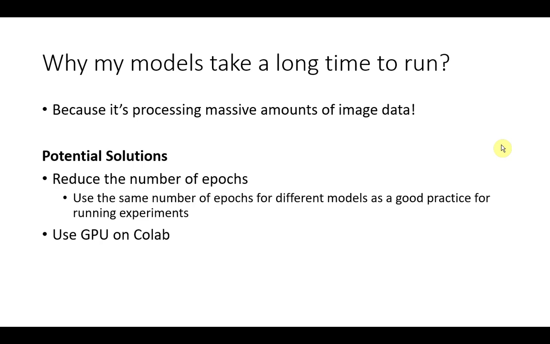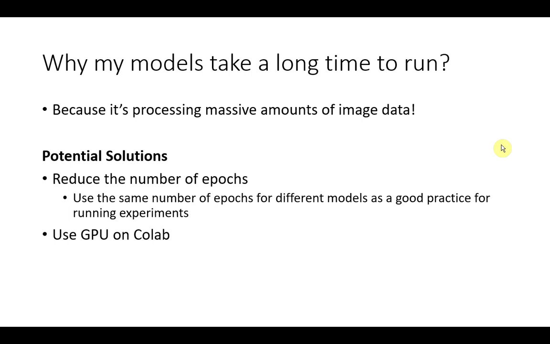So make sure that you use the same number of epochs for different models that you're trying. That's just good practice for experimental design. But you can reduce your number of epochs down to maybe as low as 5, just so that you can finish your models in a more reasonable time frame.